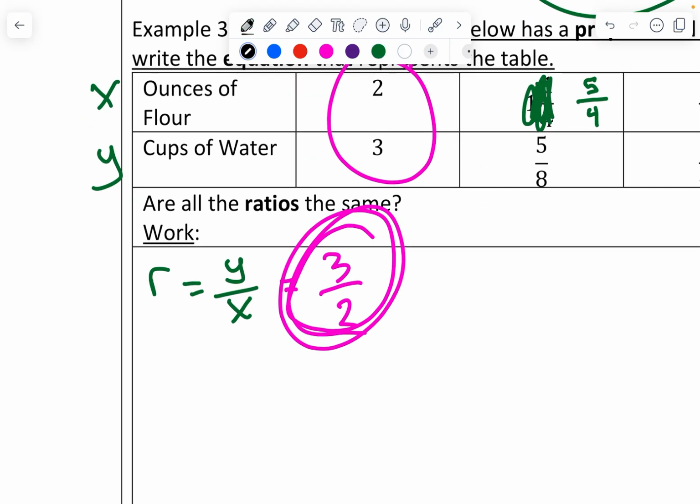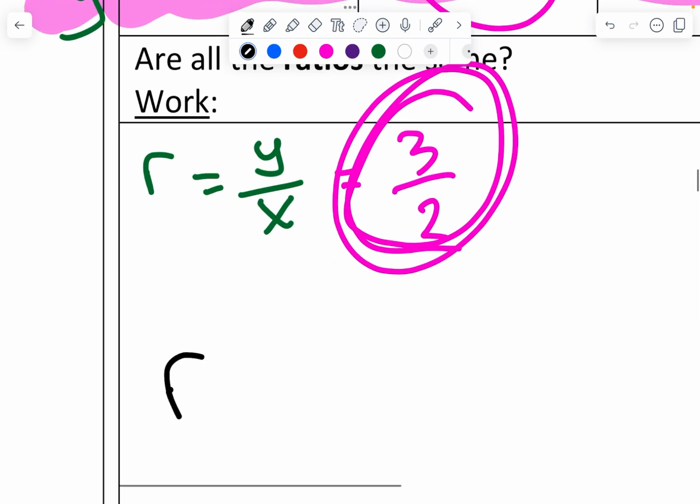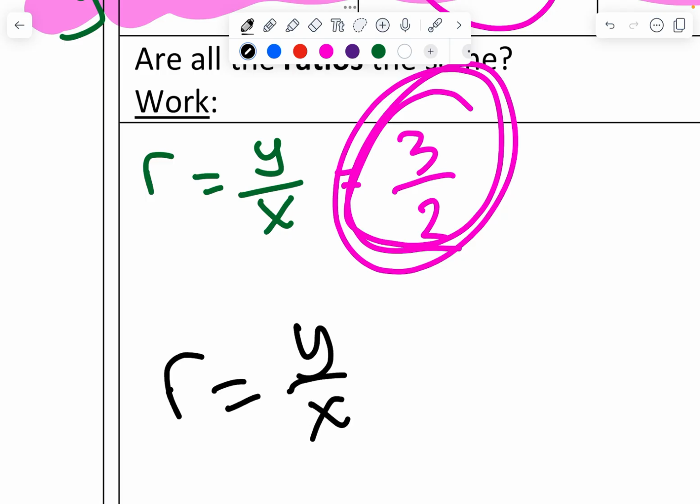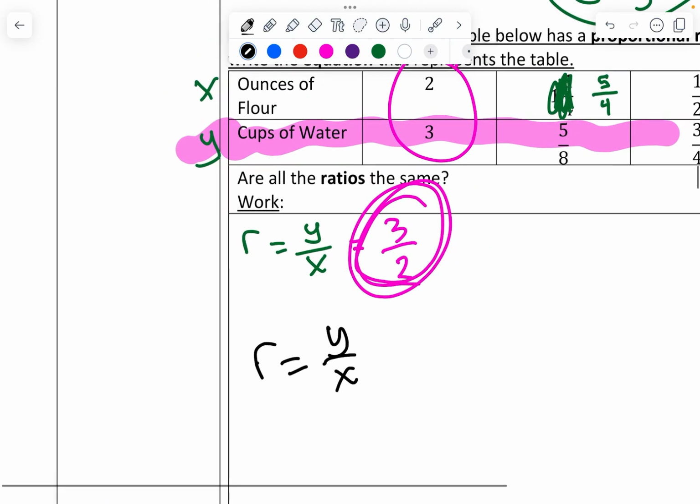Now, with this said, we want to test these two numbers, but remember, the y comes first. And I'm going to test this one, y over x. But remember, we do the y first, so I got 5/8 divided by, and then that last one is 5 over 4.